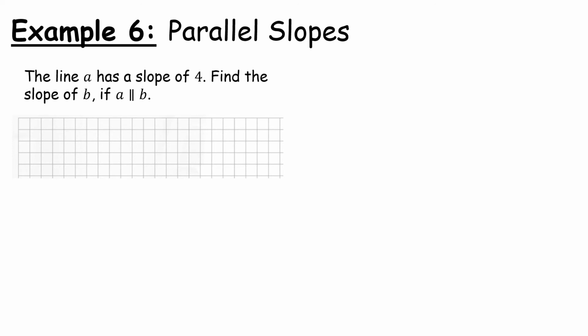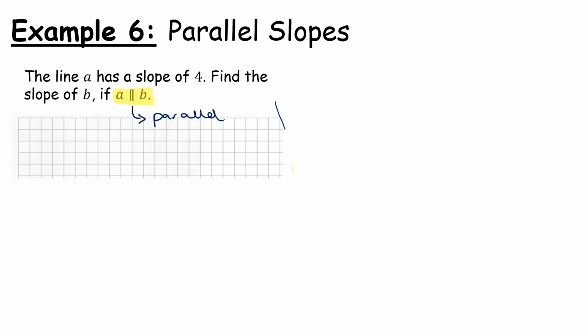So the line A has a slope of 4, and they want us to find the slope of B if, and they've given us this little symbol here, and what that middle line means is parallel. Notice that they look like two little parallel lines.